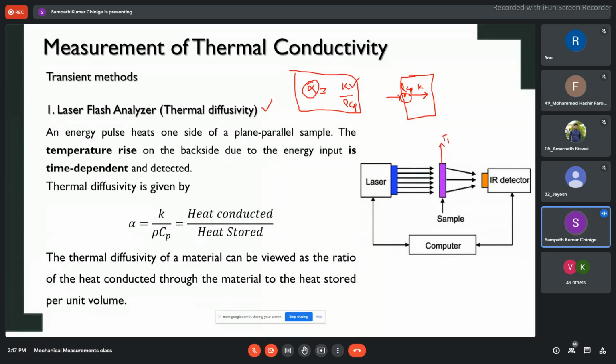So you bring that and keep it here, and then it also tries to get the heat transfer, how quickly it attains the temperature on this side. Okay. So which is defined as heat conducted by heat stored.